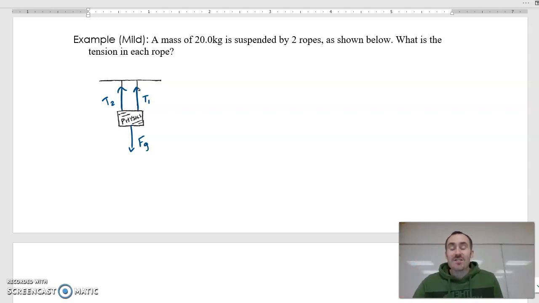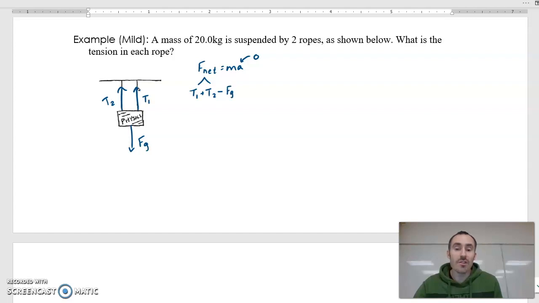So we know that because this thing is in equilibrium, the acceleration is 0, and so if we would write down our full F net equals ma formula, we know that this a here is going to be 0 meters per second squared, and when we split F net into all the forces that are acting on this box, we've got tension 1 plus tension 2 and I'm going to say minus Fg.